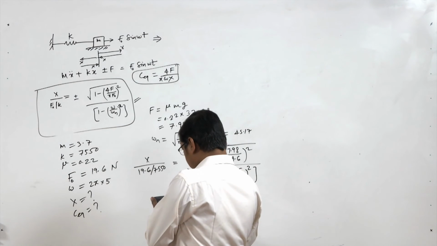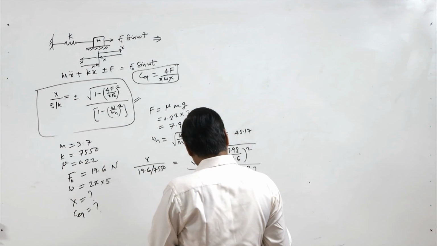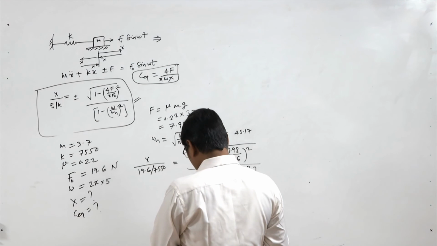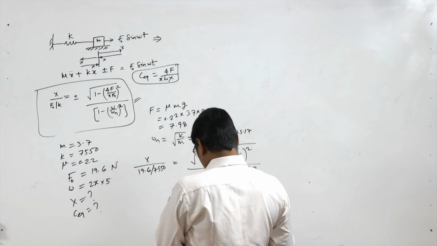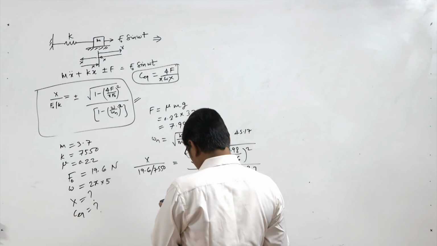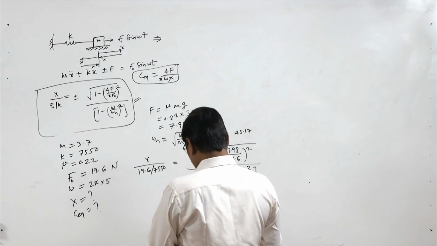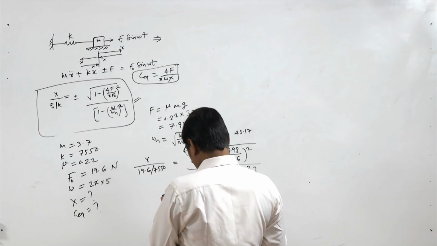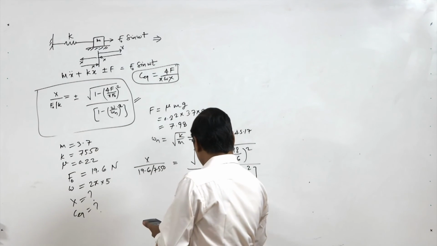So this is coming 0.516 and the top one to 0.855.